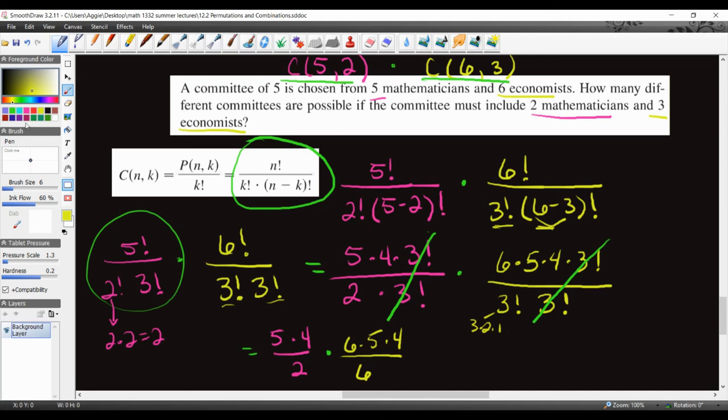Okay. And then I can cross out a bit more. I can cross out the 6's here. And I'm left with 5 times 4, which would be 20 over 2. Okay. Times 5 times 4. Again, that's 20. Okay. 20 divided by 2 is 10. 10 times 20 is 200. So all that for this.